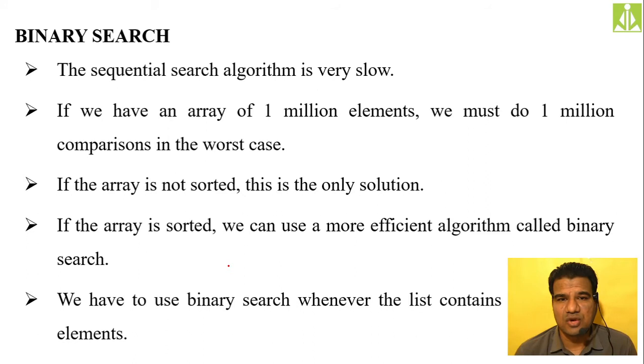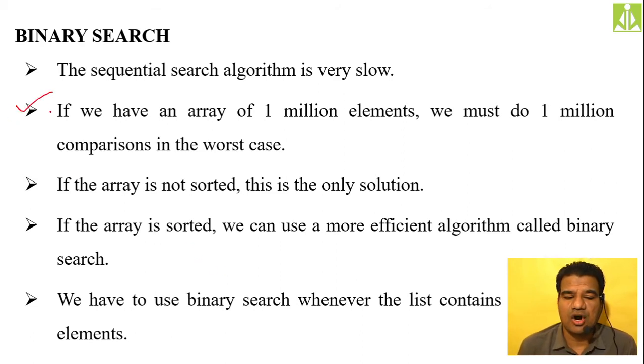And if you are performing the search operation too frequently, I mean too often, then also we have to go for binary search. And finally, the last thing we need to consider: if the list is already in an ordered manner, then go for binary search.